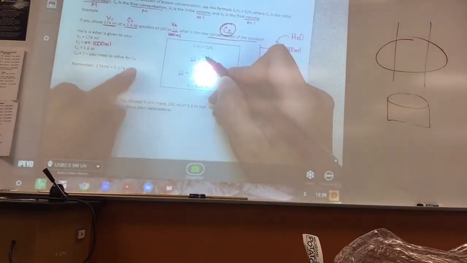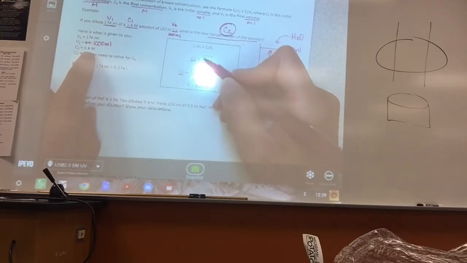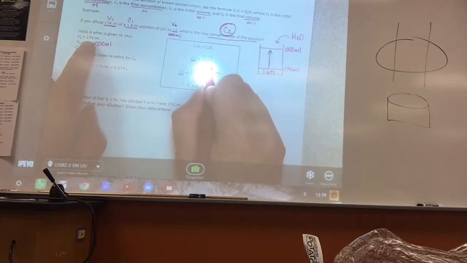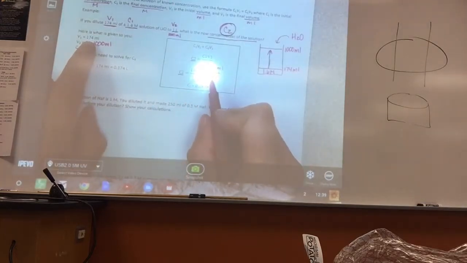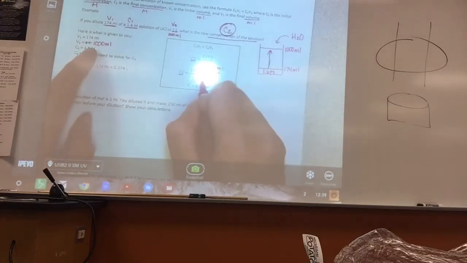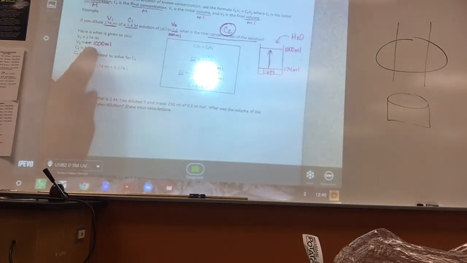So I plug in C1, and C1 was 1.6 molarity. V1 is 174 milliliters. All right, you get the same thing. And then your V2 is, they put 1 liter, but we're going to use milliliters as the unit of measurement.